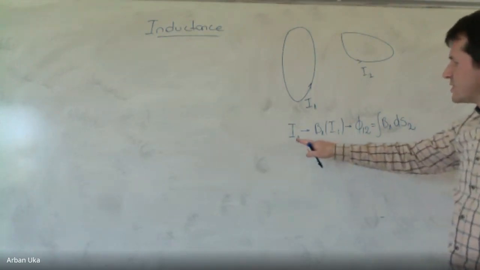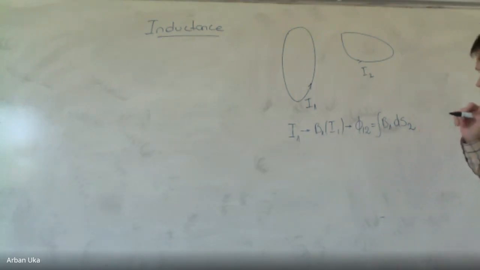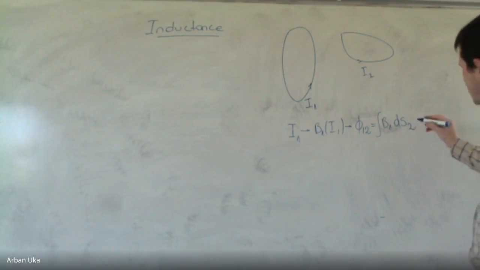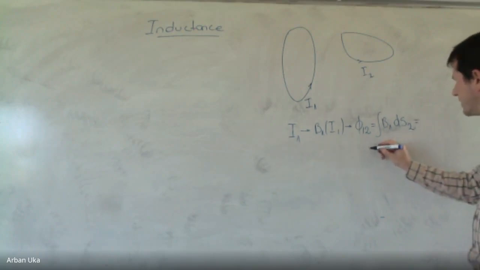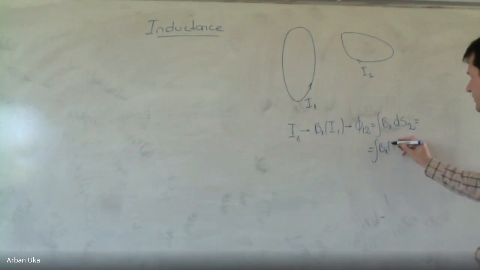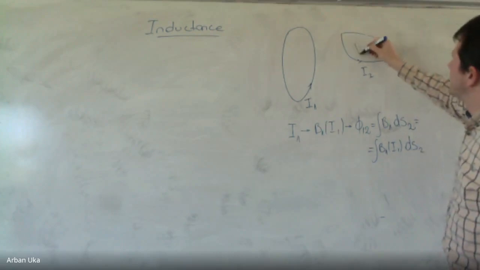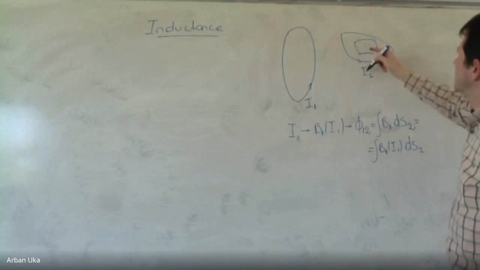Okay? So what do we understand from here? Or let me see if I can add more to this. Allow me to write this again. So this is equal, let's not forget this, that's B1. This was a function of I1, right? dS2. But this dS2 is a surface area element, which is going to be here.